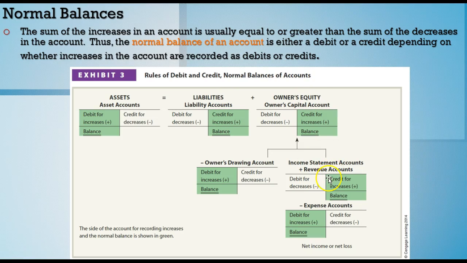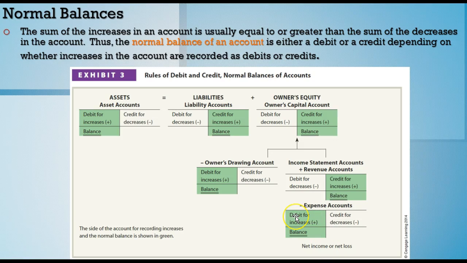Now your income statement is what balances everything. When you get all of the accounts together and you close the accounts and put it all together, the income statement folds right into the owner's equity. So your revenue accounts are credited to be increased and debited to be decreased, and the expense accounts, which you subtract, right, are just the opposite.